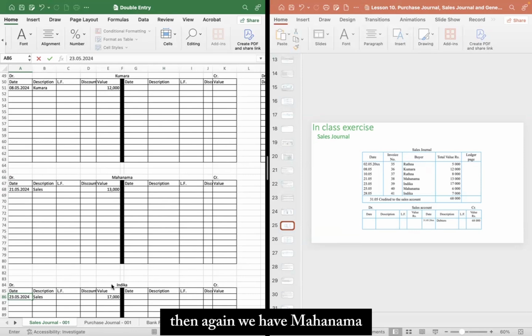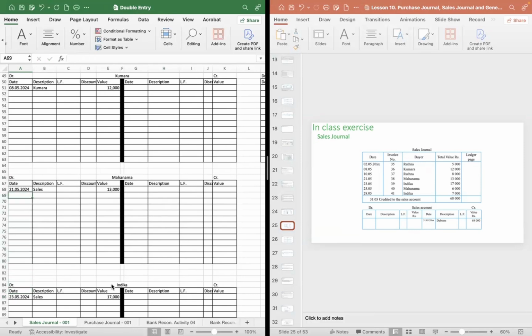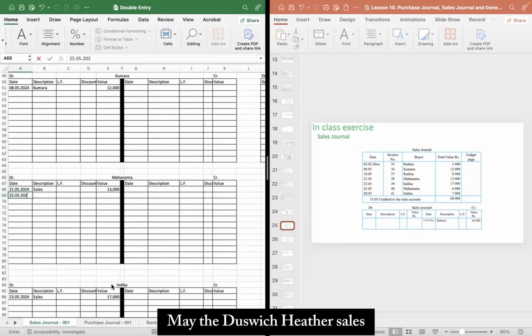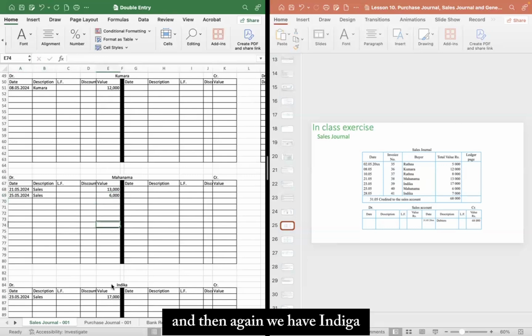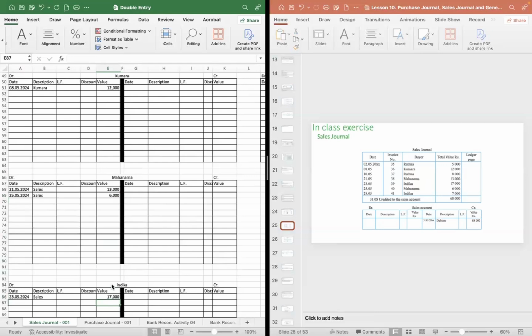Then again we have Mahanama on 25th May 2024, sales, 6,000. And then again we have Indika, 7,000, sales.